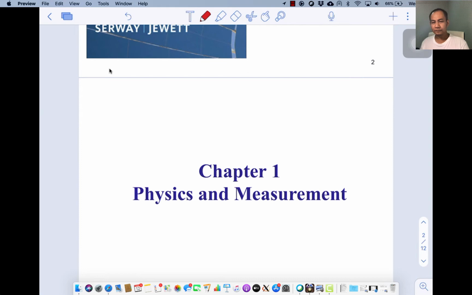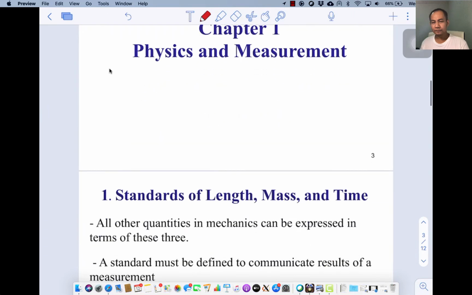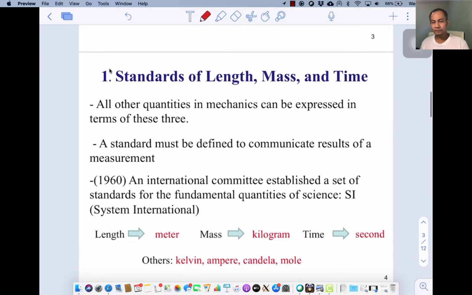Okay, so in physics we usually start with measurement. It means we need some instrument to measure a physical quantity, for example length, mass, or time.